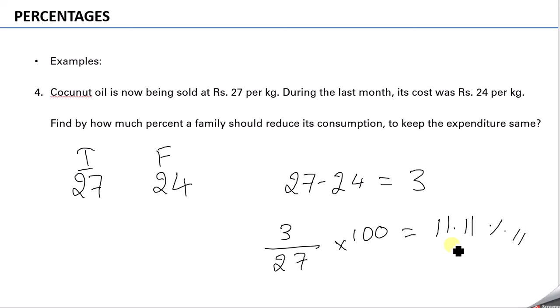I hope everyone knows how to solve this percentage quickly. So 3 by 27 is 1 by 9 into 100, and in one of the previous videos I have covered how we remember such percentages so that we can directly use them without calculating. So 100 by 9 is 11.11, that is a standard value. Please visit the video on percentages so that you understand how we do this.